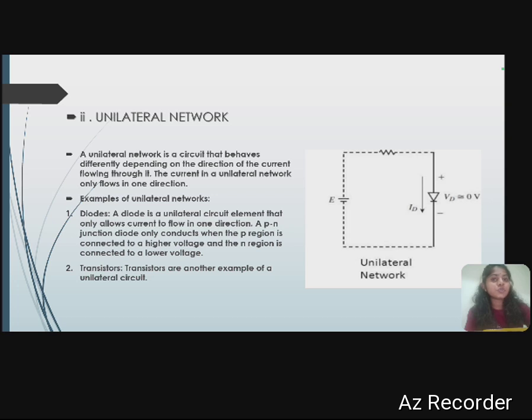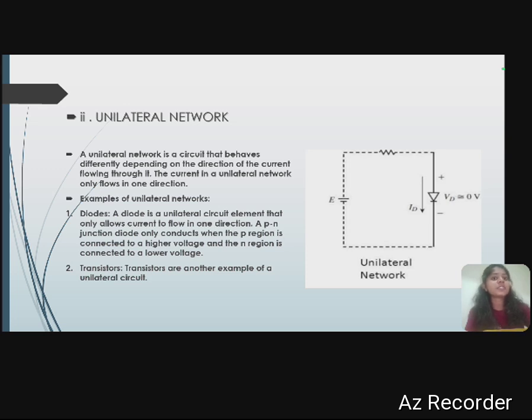The second one is the unilateral network. A unilateral network is a circuit that behaves differently depending on the direction of the current flowing through it. The current in unilateral networks only flows in one direction. For example, diodes and transistors.